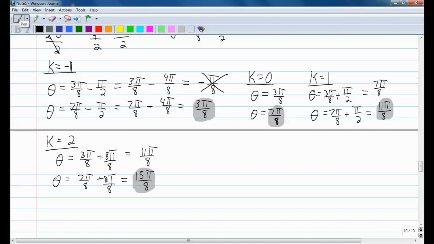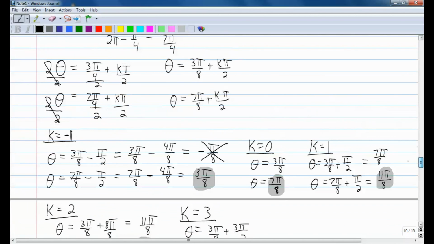So what that means, I can almost guarantee this is going to be too large when we let k equal 3. When k equals 3, I have 3 pi over 8 plus 3 pi over 2 and 7 pi over 8 plus 3 pi over 2. Maybe saying, where are you getting that 3 pi over 2?